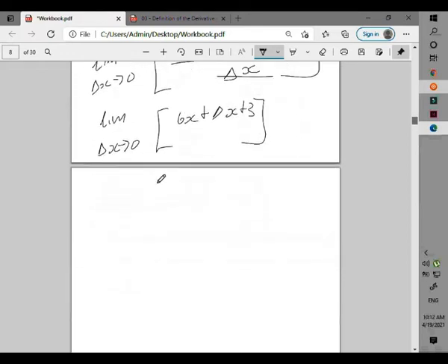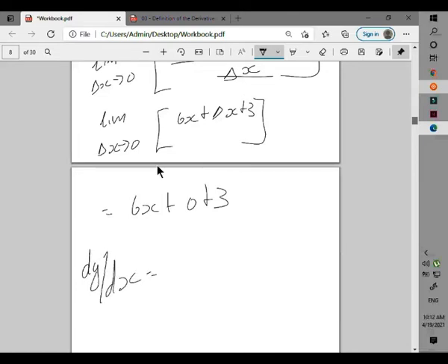I know that I'll have to substitute 0 for where delta x is. So this is equal to 6x plus 0 plus 3. Thus my dy upon dx is equal to 6x plus 3.